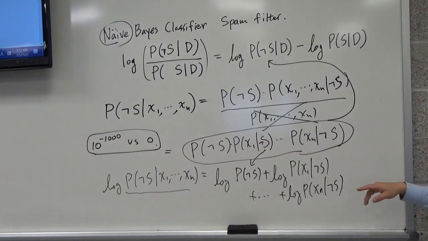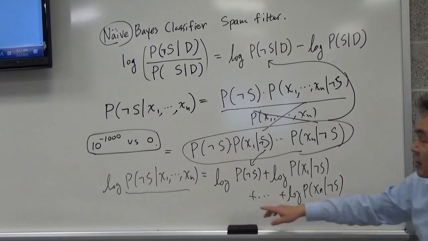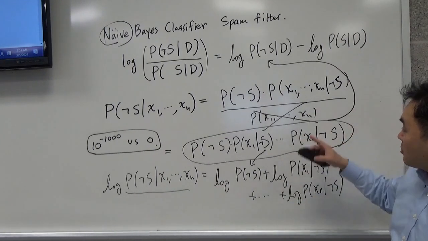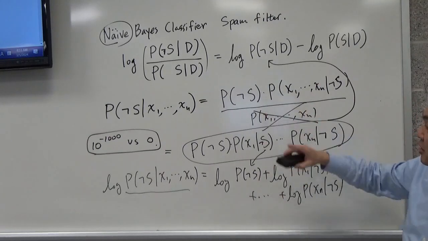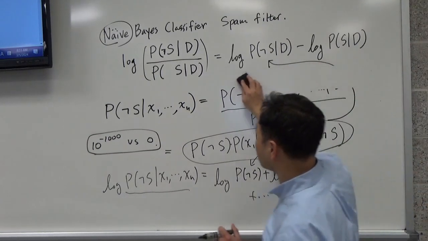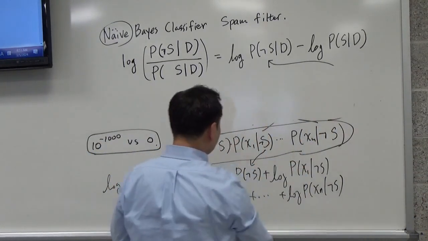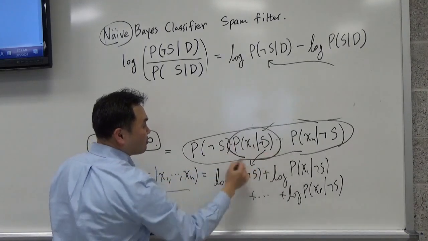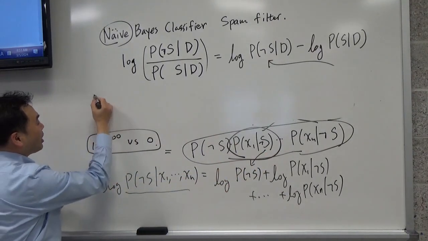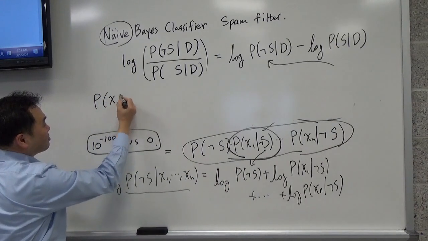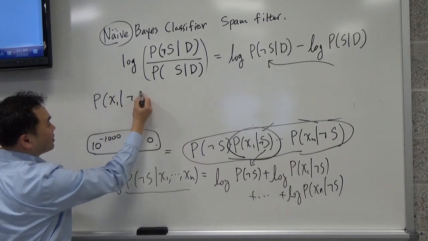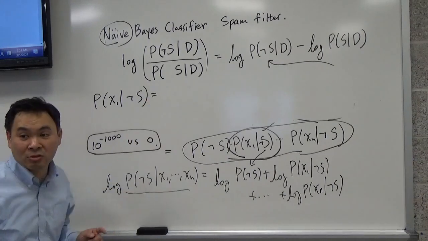All right, so it sounds like a plan, but there's something I didn't tell you last time, which is how do you actually figure this out? So how do you calculate P1 not S? Well, let's first think about the meaning of this.